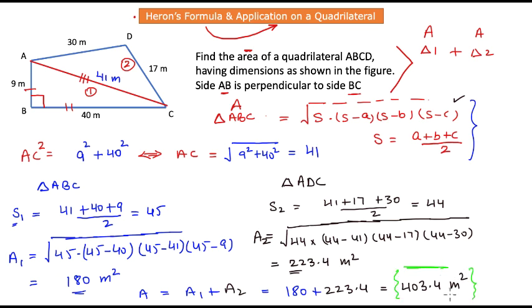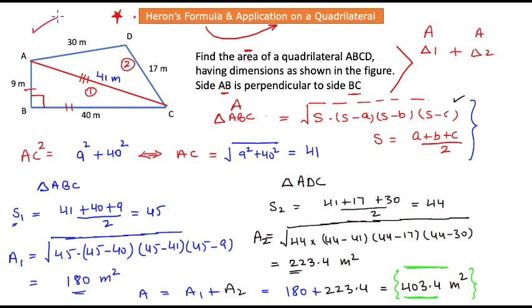But the main objective is not necessarily to highlight the computation or mathematics that we have here, the products and square roots. The objective is to highlight that Heron's formula could be one good technique that you can apply in a variety of situations. Whenever you see any irregular shape and you can divide that shape into two or more parts, making some triangles, then you can obtain the area of that irregular shape by the summation of the individual areas.